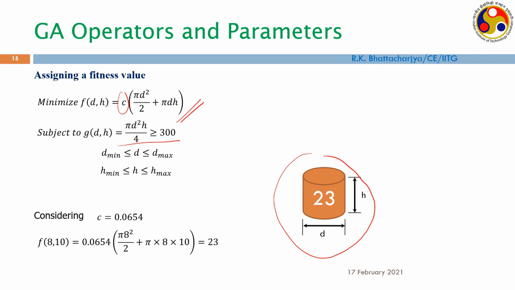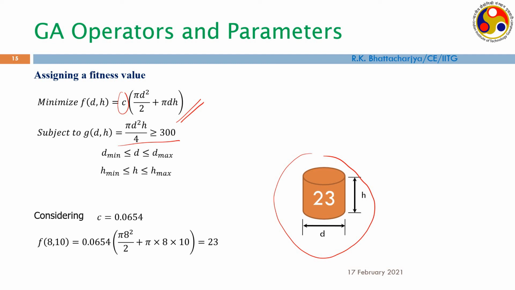I would like to have the minimum dimension of this can which will give you the minimum surface area, that is, minimum cost. There is also some upper limit and lower limit on the dimensions, that is, the diameter of the can and at the same time the height of the can.